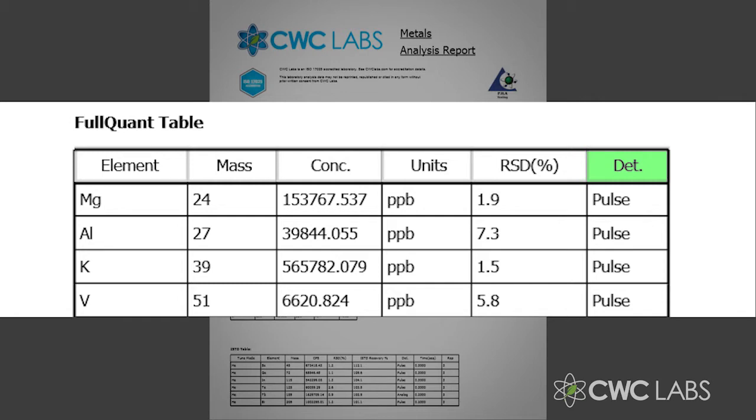The detection mode shows you either analog or pulse, which means digital. So this isn't really of your concern. It's just added there in case you're curious. But some elements, if they're at very high concentrations, will tend to be measured or detected using analog sensor modes in the instrument.